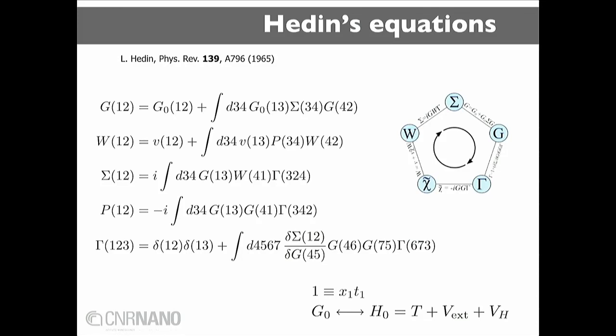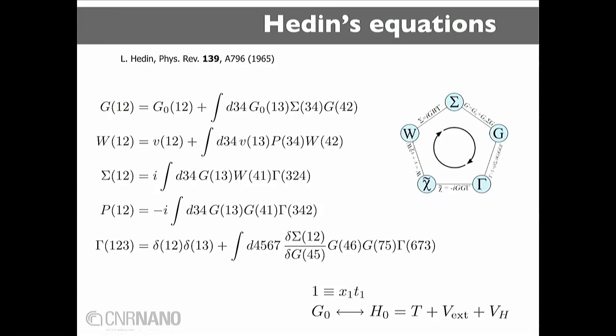Okay, one is the Dyson equation that we already know for connecting G to sigma. There is also a very similar equation connecting W to P, that is the irreducible polarizability. And then we have an expression for the self-energy that involves G, W, and gamma, that is the vertex.